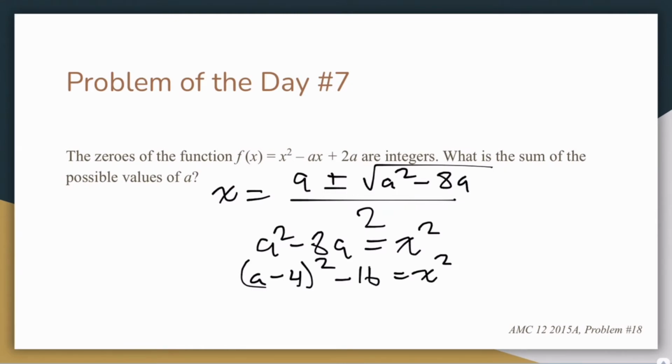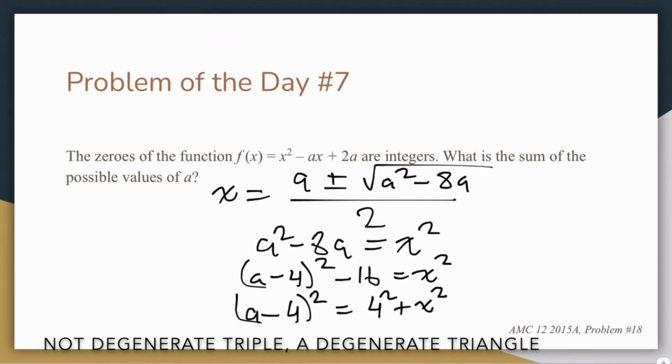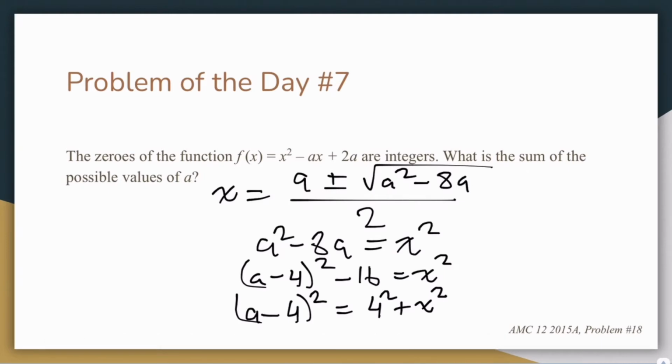And 16 is just 4 squared, so we get a minus 4 squared equals 4 squared plus x squared. So we know that x, 4, a minus 4 has to be a Pythagorean triple, or a degenerate Pythagorean triple. So x can be 0 as well.